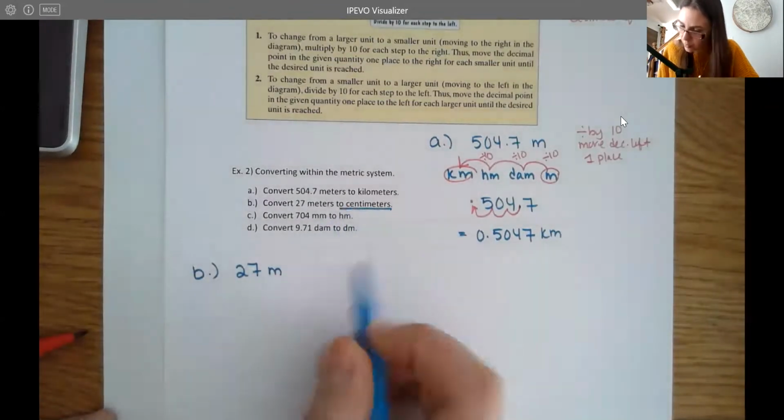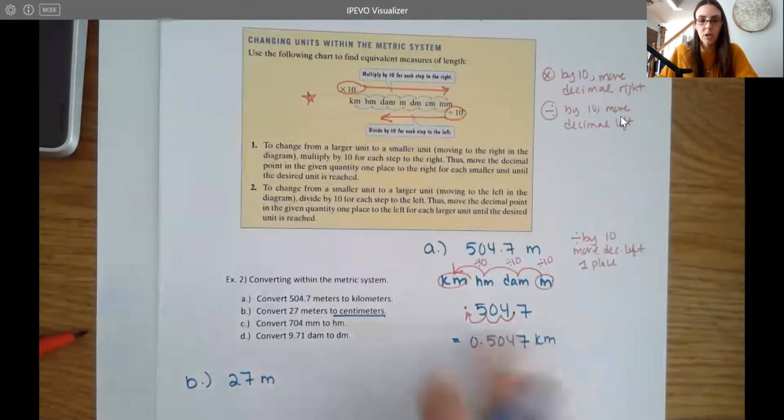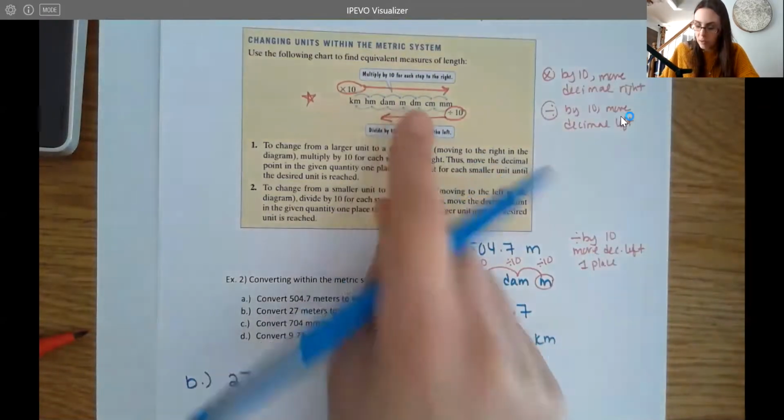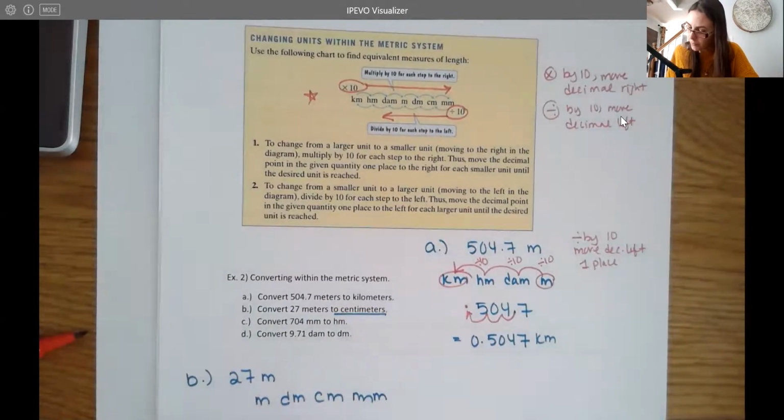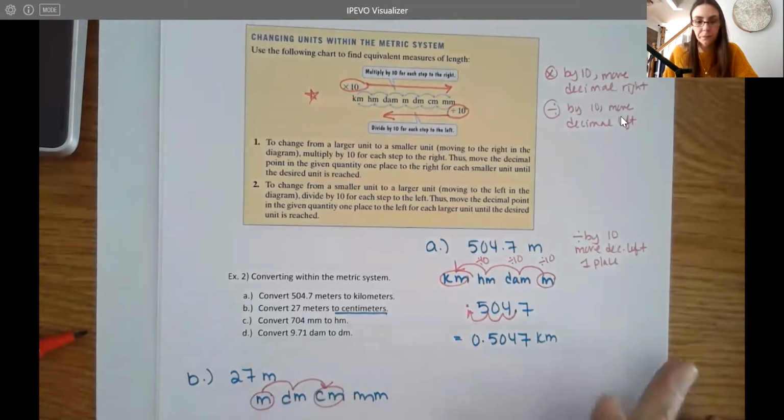All right, let's do the next one. 27 meters to centimeters. I'm just going to use the part of the chart that I need. I see meters, then decimeters, centimeters, millimeters, and I don't even need that far. I'm going from meters to centimeters, so I'm going down 1, down 2.